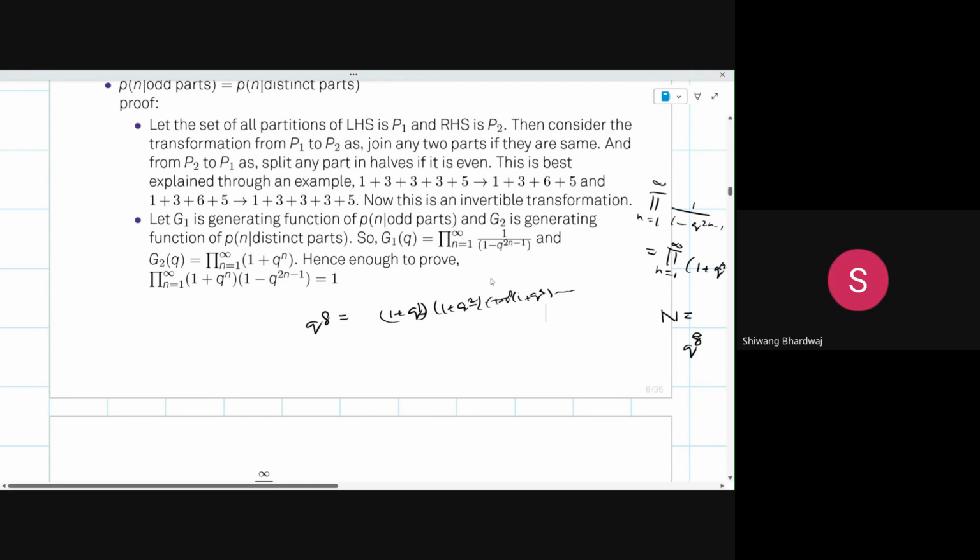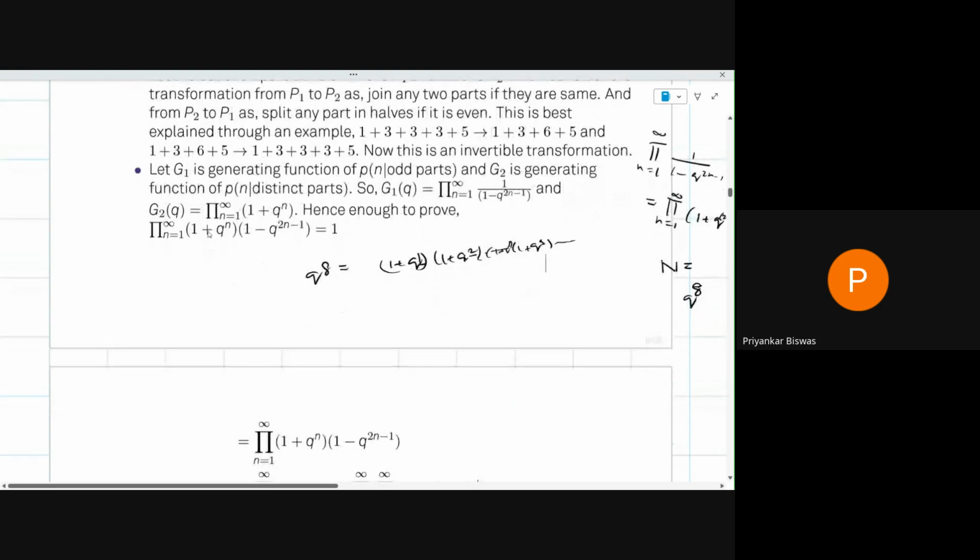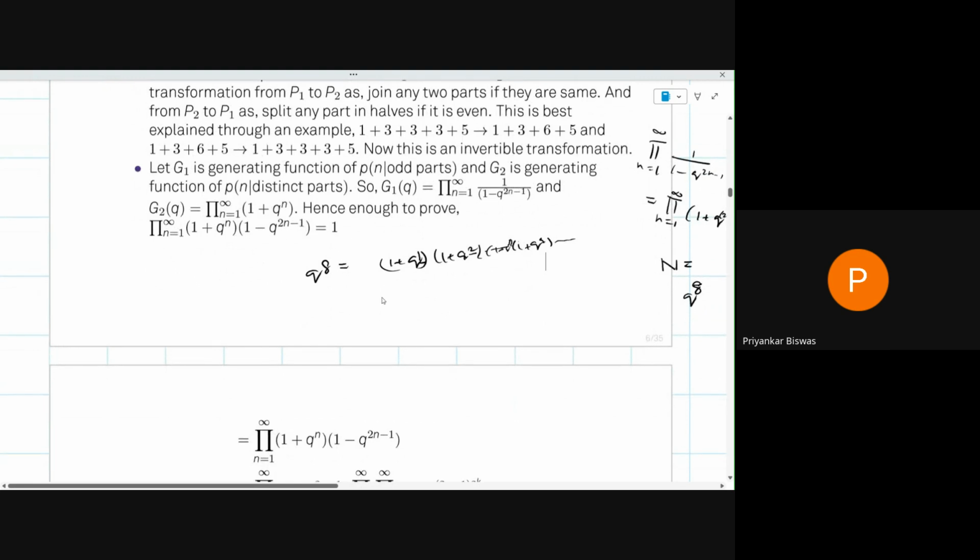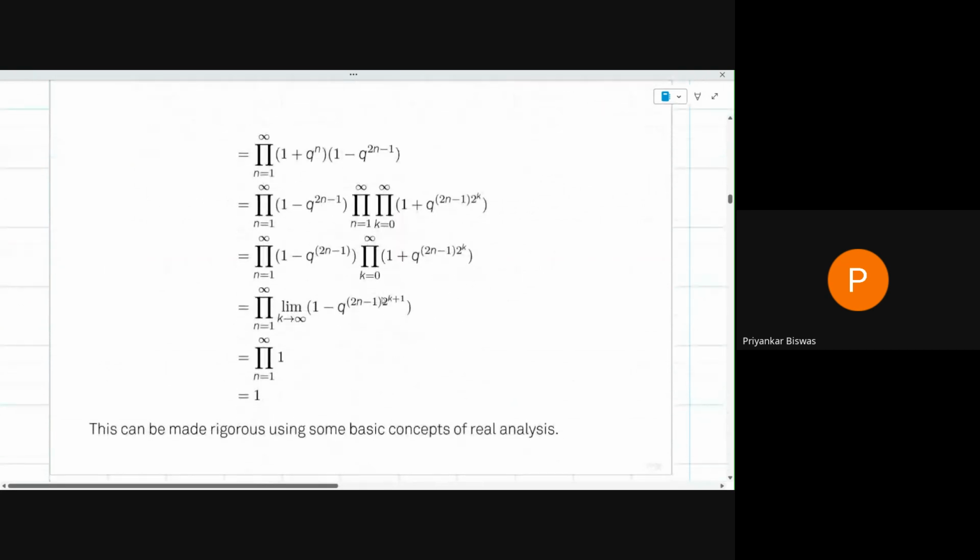Yes, sir. So we will just have to show G1(q) equals G2(q), and that is equivalent to showing that the product over n from 1 to infinity of 1 plus q power n into 1 minus q power 2n minus 1 is equal to 1. You can show this in this way. This product of 1 minus q, 1 plus q, whole power n, you can break it in this form, because (2n minus 1) into 2 power k, where n varies from 1 to infinity and k varies from 0 to infinity, covers all natural numbers.